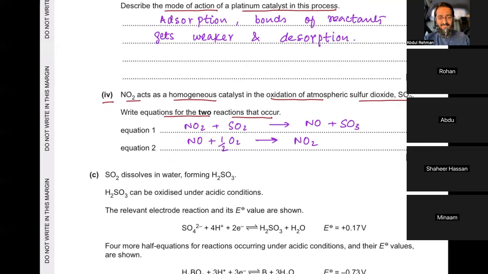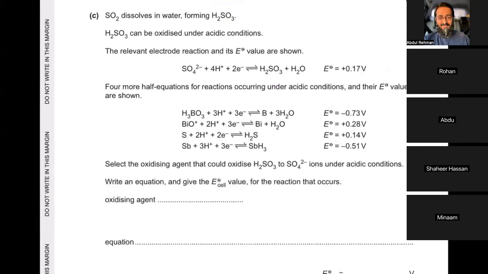One minute, please. Okay. Now see the part. SO2 dissolves in water to form sulfurous acid, H2SO3. H2SO3 oxidizes under acidic conditions. The relevant electrode reaction and its E naught values are shown.